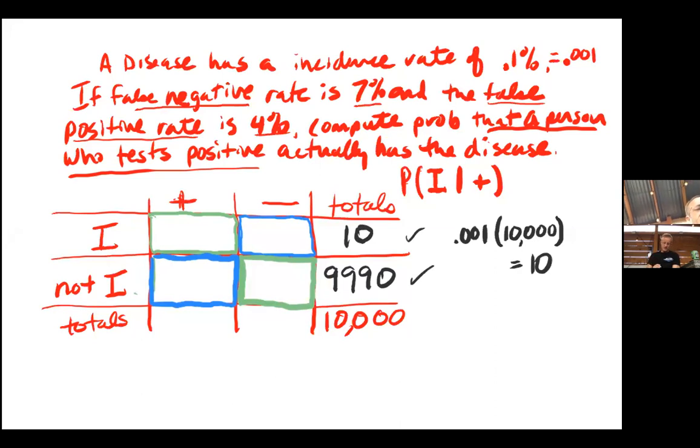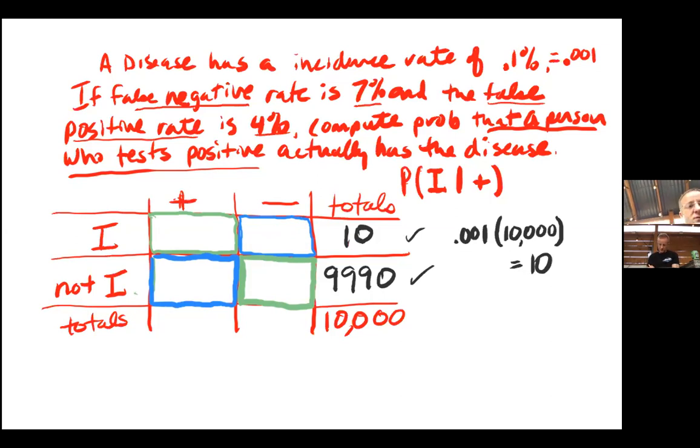All right, the second part says the false negative rate is 7%. So where would false negative rate be? Well, in the negative column, remember, blue is kind of the failure and green is kind of the success. A false negative is this box here, where it's under negative, but you wouldn't want to test negative if you actually had the infection, right? So that would be a false negative. So with a 7% false negative, I want to figure out what 7% of 10 is.